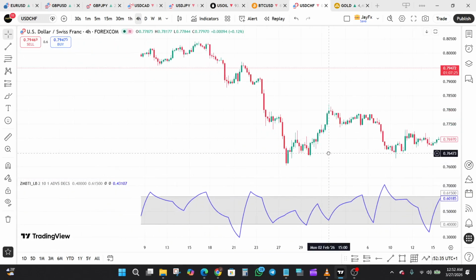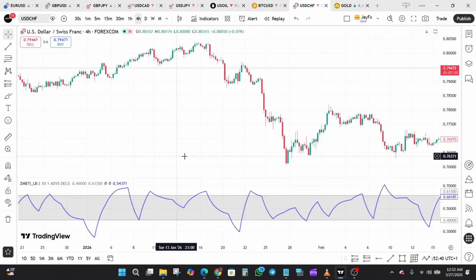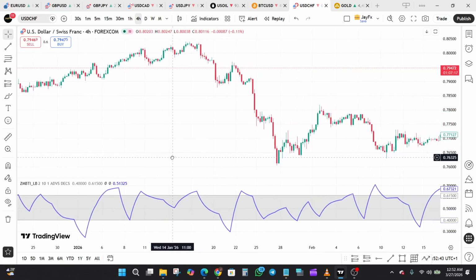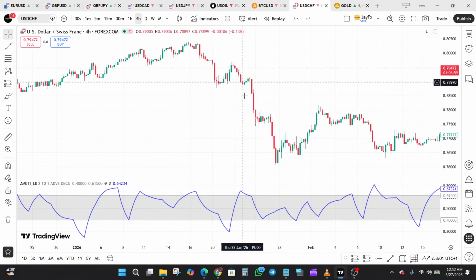Even though the nature of these seemingly overbought and oversold levels might not be the main focus of the indicator, because as you can see, when the indicator line is above this upper threshold, the price of the currency pair would have already started dropping. So it seems as if the indicator gives slightly late signals with respect to overbought and oversold.